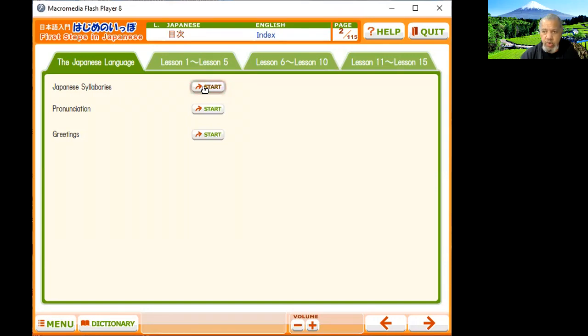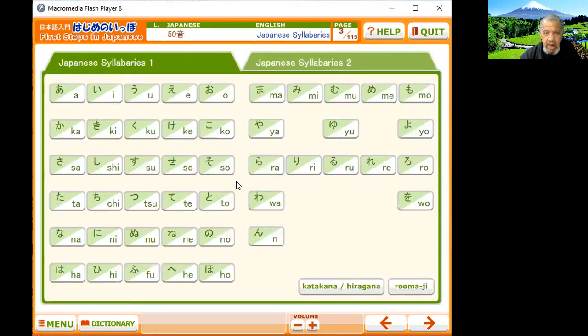So let's begin with introducing you to the Japanese syllabaries. And we start with this one right here. And what do we have? This is Japanese script. Okay, this one is called A, and that's in Romaji writing style. The Roman alphabet is written with an A, but it's not pronounced A, it's pronounced A. And this is Ka, Sa, Ta, Na, Ha.